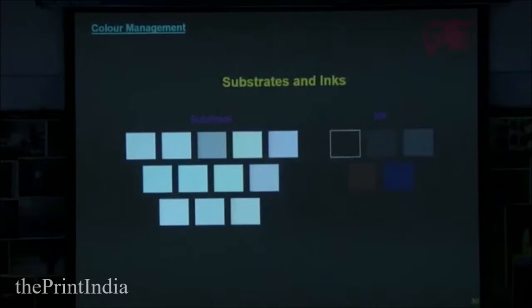The paper is the lightest color that your picture will have, and the darkest tone in the picture will be the solid patch of that ink on that paper. So you have to play within these two extremes. You cannot print darker than your solid patch of ink. You cannot print lighter than your substrate.